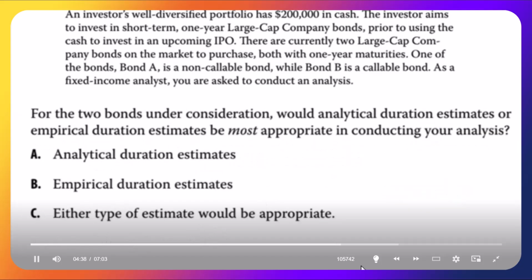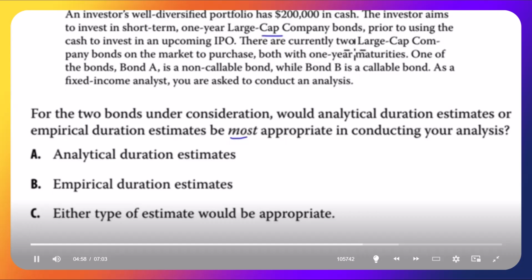For the 2 bonds under consideration, would analytical duration estimates or empirical duration estimates be most appropriate in conducting your analysis? Large cap company bonds, so they're going to have some kind of credit spread. So there is a negative correlation between the spread and changes in curve.